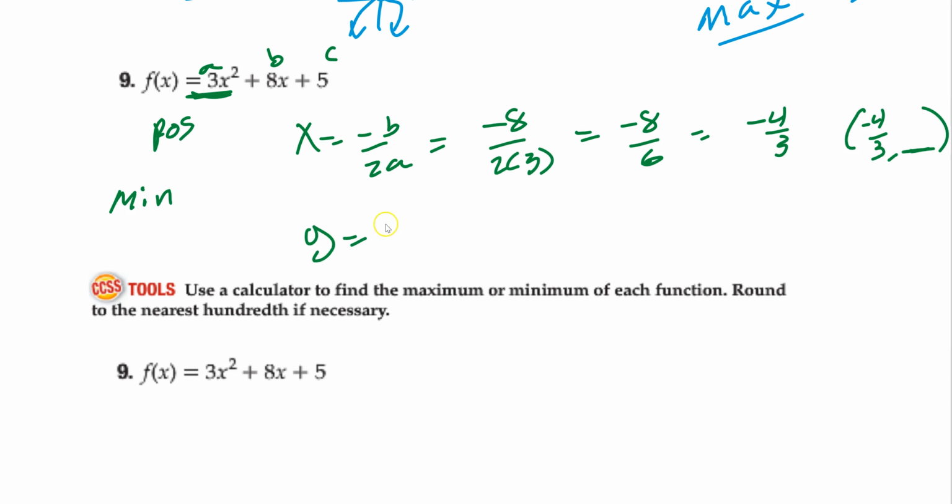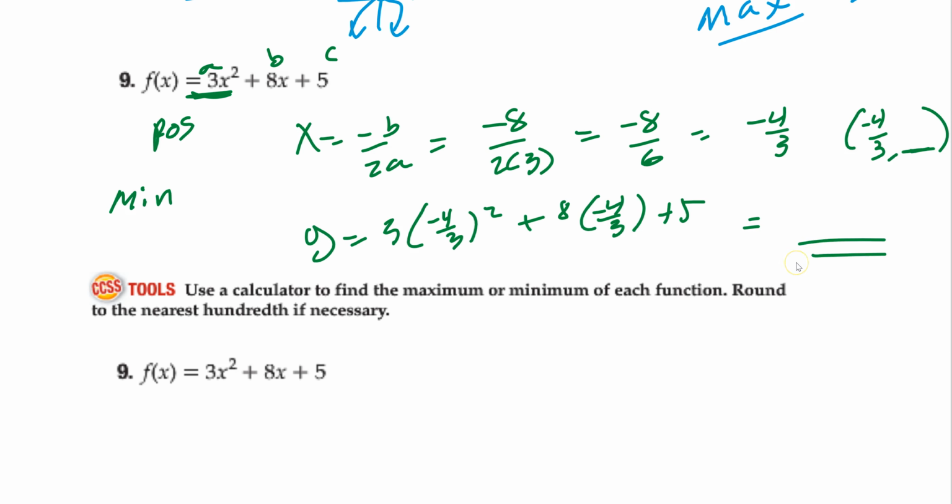So it's going to be y equals 3 times negative 4/3 squared plus 8 times negative 4/3 plus 5. That looks ugly, but you can actually do it, it's not too bad. If you square this, you get 16 over 9, times 3 gives 16 over 3. Then you get negative 32 over 3.